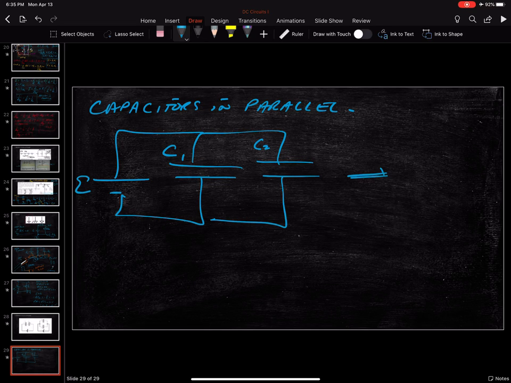And I want to say that this thing is equivalent to some C equivalent. So in other words, if I choose the amounts correctly, this one capacitor does the same job as the 2 of these in parallel.